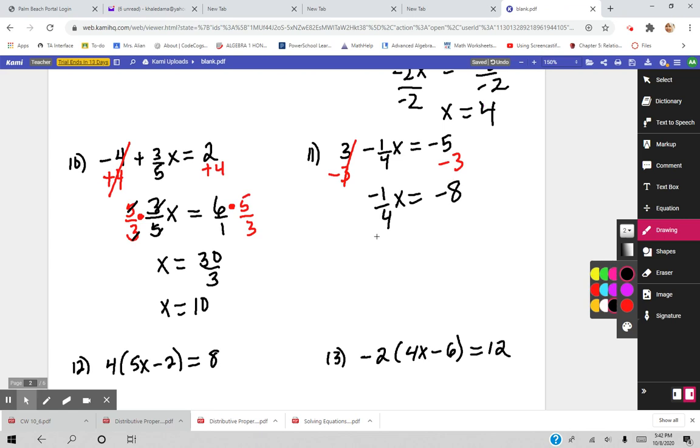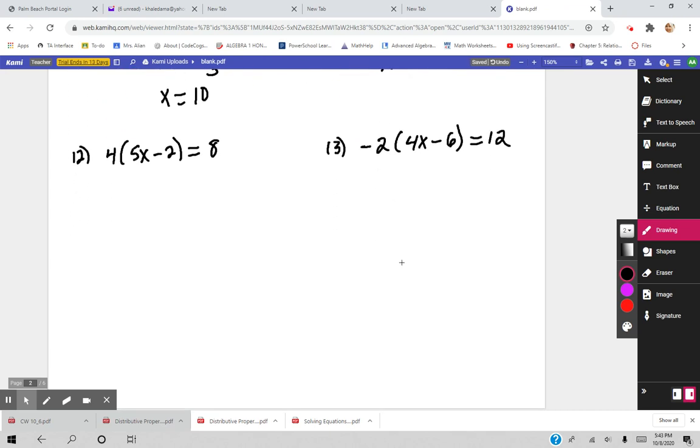Well, this is negative and this is negative. Let's multiply both sides by the reciprocal so nobody's confused. So -4 over 1 times -4 over 1. So the 4's will cancel, giving us x here. A negative times negative is positive, SSP here. Same sign, positive. So x equals 32.